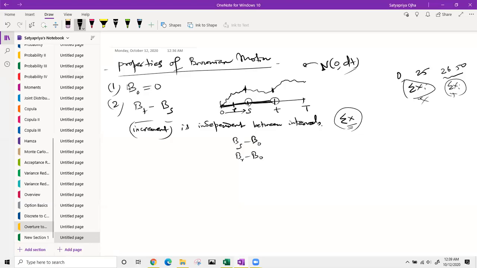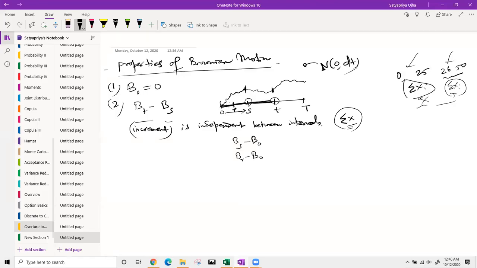Everything was independent. So here, since we're talking about continuous time models, as long as the time intervals are not overlapping, that means these steps are not mixed up, they're completely separate, then the increments are independent of each other. It's a restatement of the same thing that we had in case of discrete.